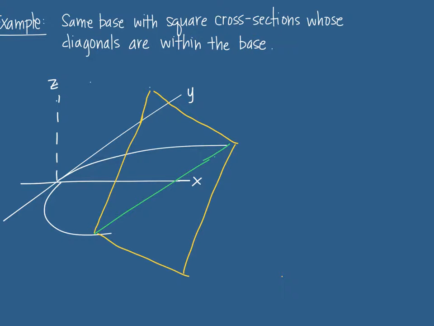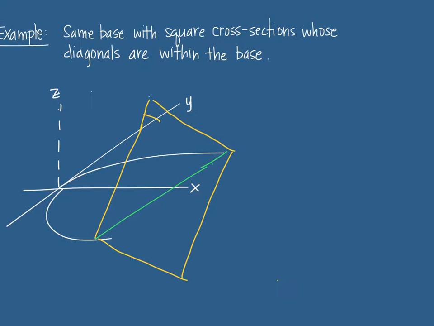Because this is a square, this is a right angle, this is a right angle, and the other angles are both 45 degrees. So we've got an isosceles right triangle.